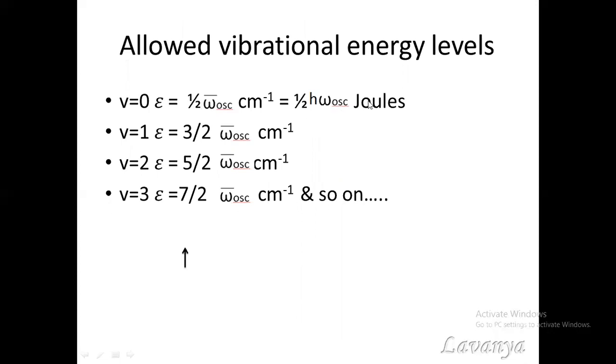The only difference is here I have omega bar oscillation and here I have h omega oscillation. We're just dividing with hc and representing in centimeter inverse. If v is equal to 1, I'll get 3 by 2 omega bar oscillation; v is equal to 2, 5 by 2; v is equal to 3, 7 by 2 omega bar oscillation in centimeter inverse; and if it is 4, 9 by 2, 5, 11 by 2 and so on.